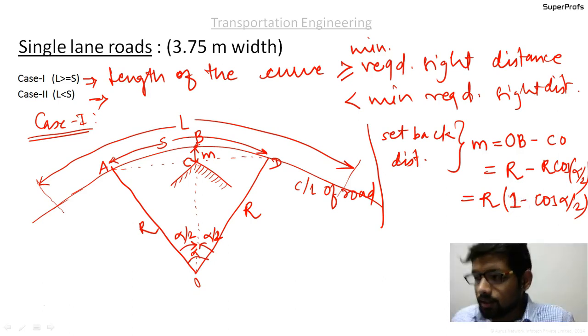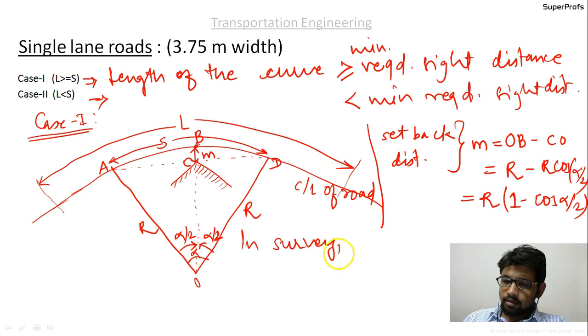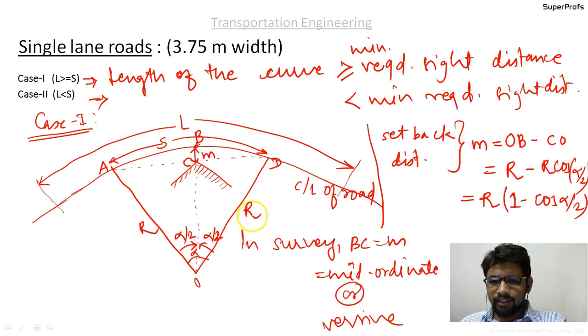In survey, we have studied that BC equal to m equal to mid ordinate, also called the versine. We have already discussed such a relationship, R times 1 minus cos of alpha by 2.